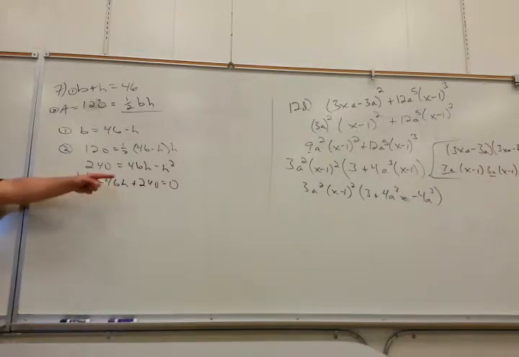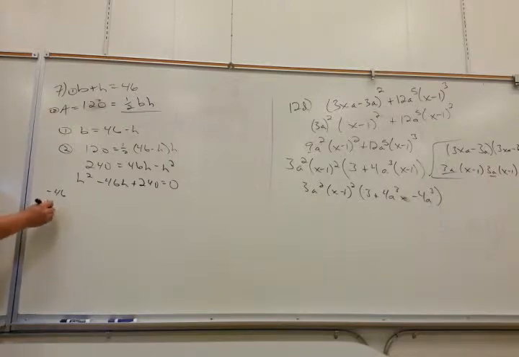Especially when you get numbers like this, I would take just a few seconds and see if it looks like it might factor before you jump right into the quadratic formula. If I was going to do this problem, what adds to be negative 46?